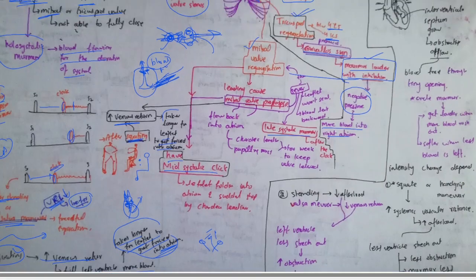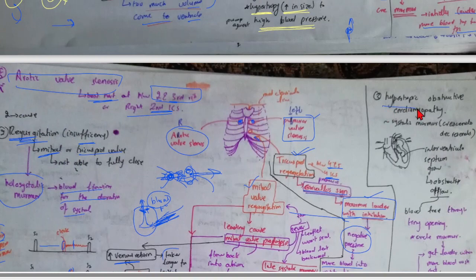Now come to hypertrophic obstructive cardiomyopathy. It means a systolic crescendo-decrescendo murmur. If the interventricular septum grows, the flow becomes obstructed.